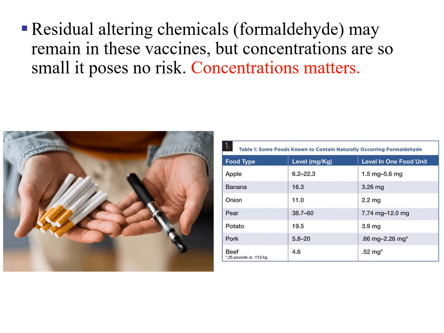Some of y'all are still probably wondering about them injecting you with formaldehyde. So residual altering chemicals such as formaldehyde may remain in these vaccines after they've been used to create it. But the concentrations are so small it poses no risk.